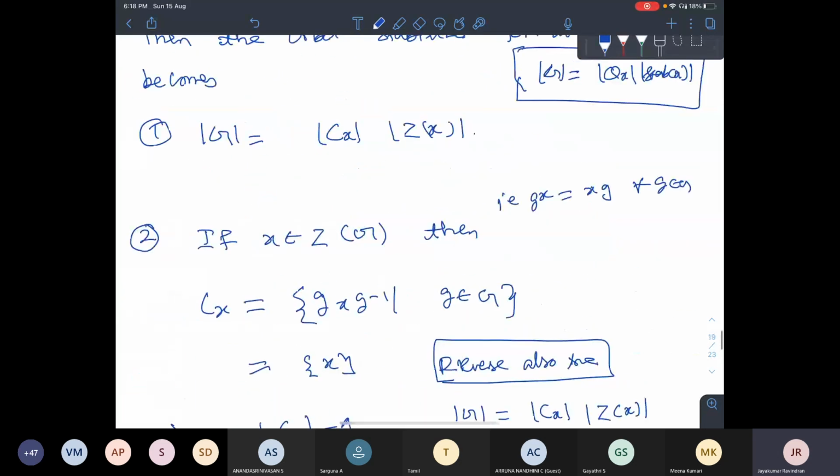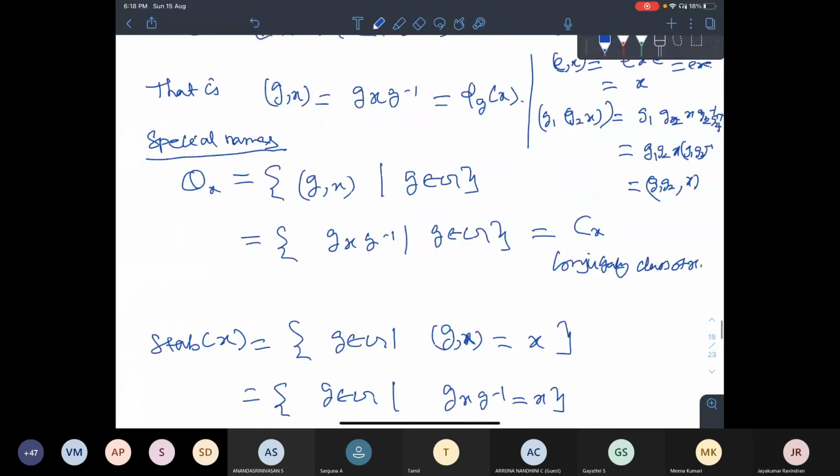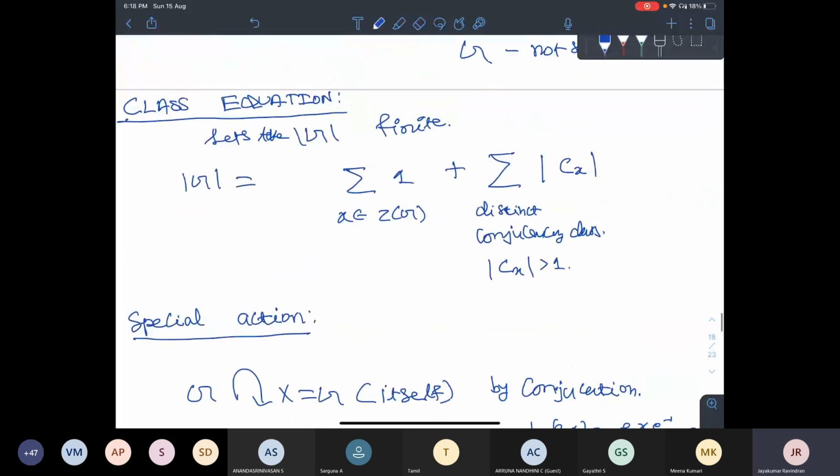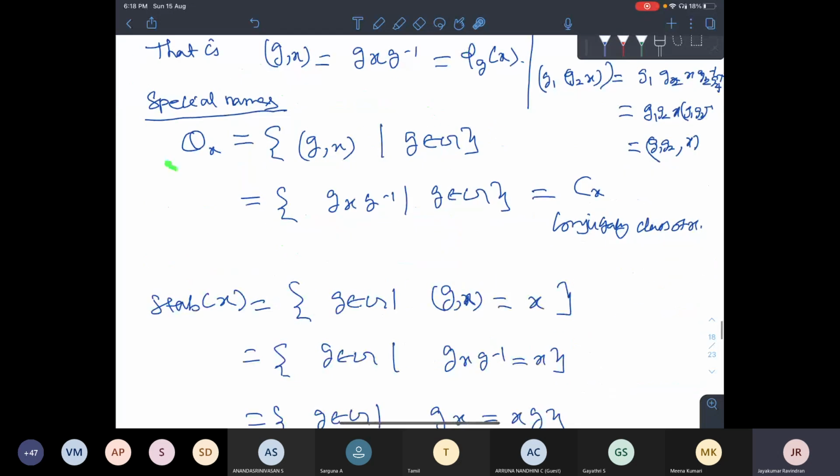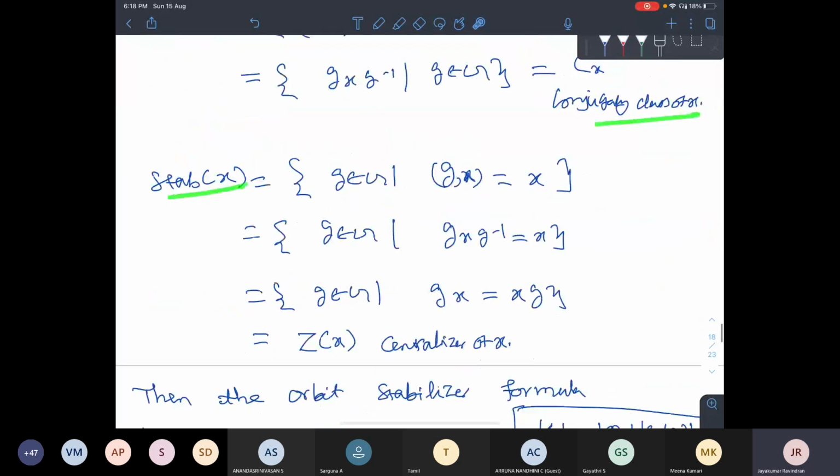Let's go back here. From the beginning, I wanted to study the class equation. For that, we have a special action called the conjugacy action. Under that action, the orbit of X is called the conjugacy class and the stabilizer is called the centralizer. These are the things you know.